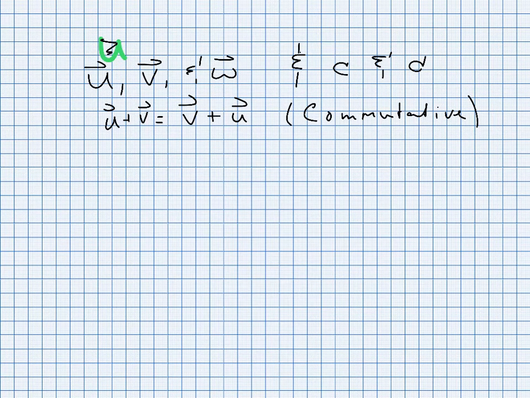We can also say u plus v plus w equals u plus v plus w, grouped differently. So we can also say that vector addition is associative.